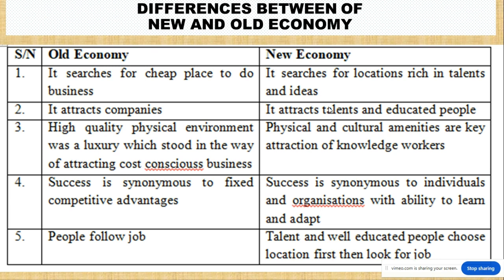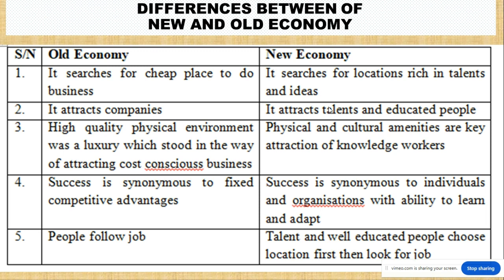As students, you must be able to learn tech skills to be relevant in the community and globally. High quality physical environment, while in the new one physical and cultural amenities are the key. The amenities we are talking about are electricity, better roads, technology. If you don't have the infrastructure, you can't belong to the new economy, of course.